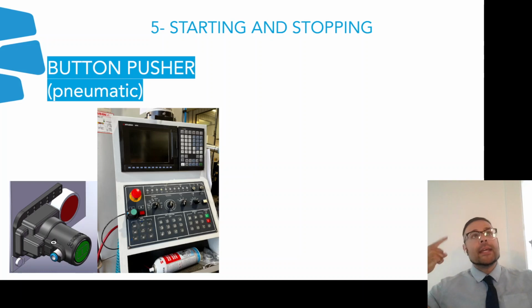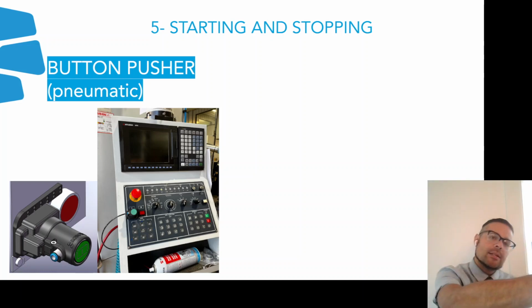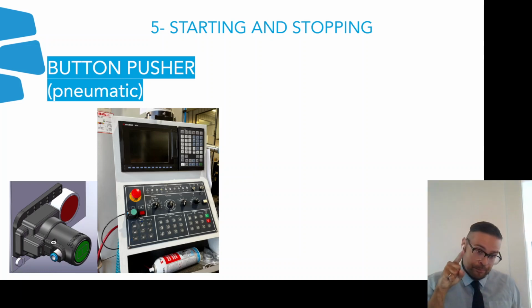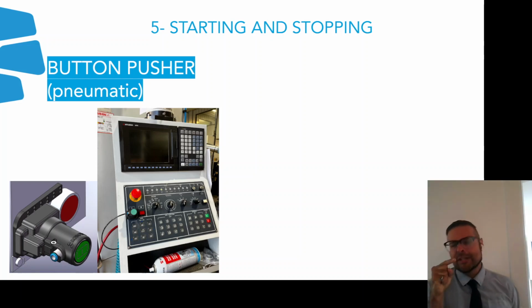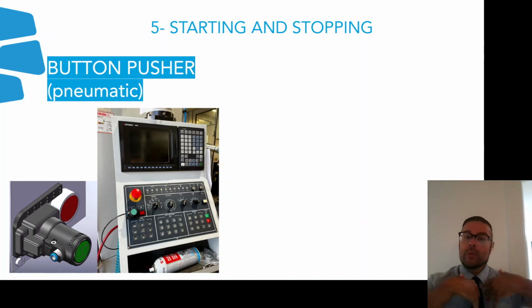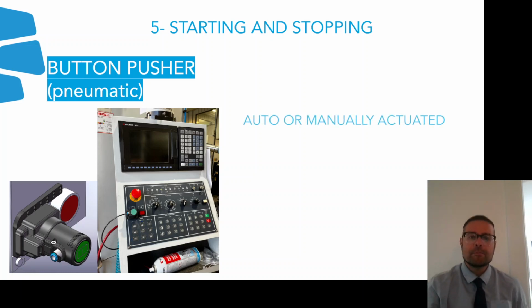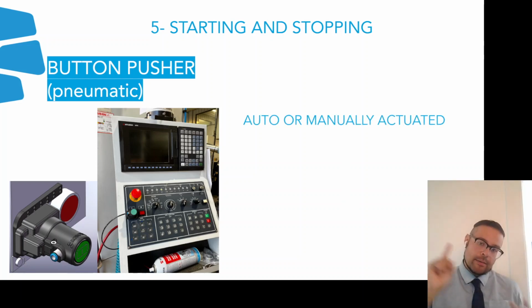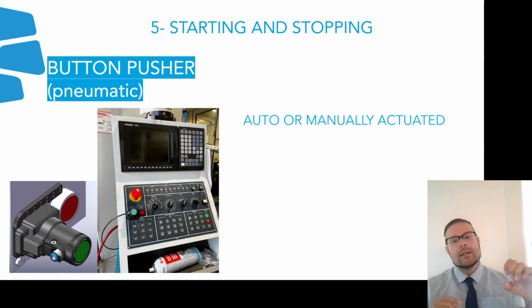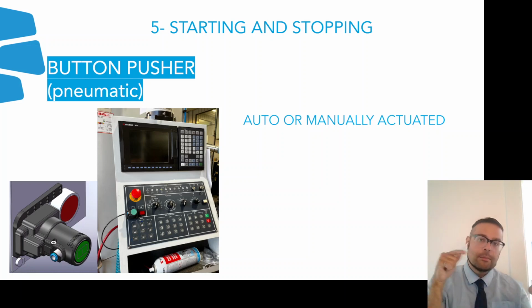All right, now we have to think. The operator pushes the start cycle button to start the machine. So we came up with the button pusher. It's pneumatic as well. It can be actuated manually or automatically. So even if it's installed, an operator can still push it manually.